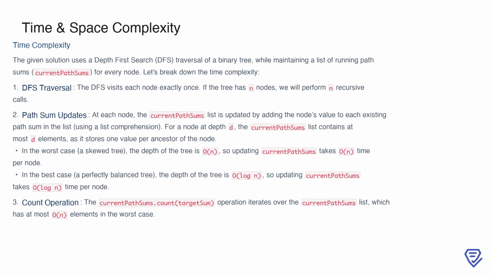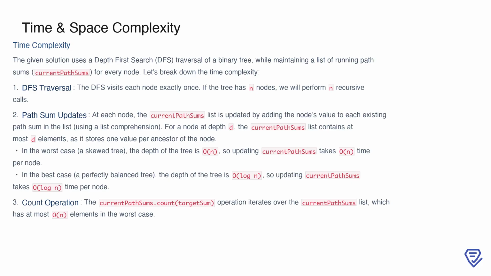To analyze the time complexity of our solution, let's start with the depth-first search traversal of the binary tree. Each node in the tree is visited exactly once, which means we perform n recursive calls if there are n nodes in the tree. Next, at each node, we update the current path sums list by adding the node's value to each existing path sum. The size of this list depends on the depth of the node.